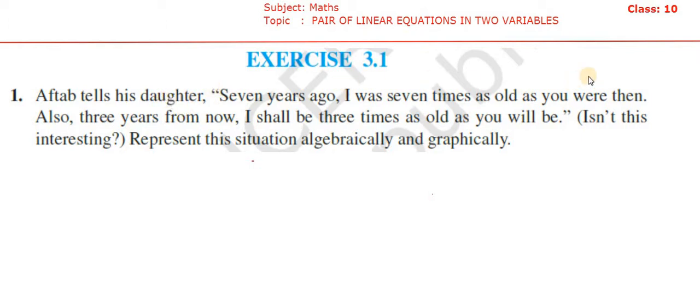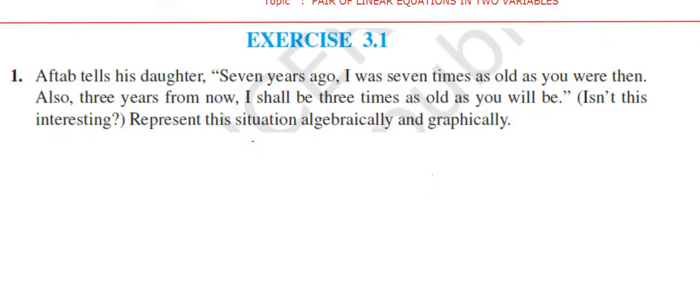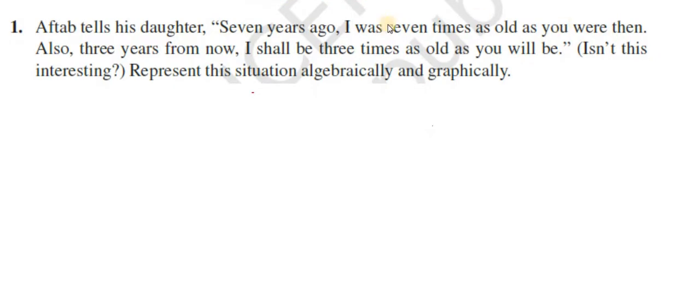This is a word problem. Now see here, Aftab tells his daughter, 7 years ago, not now, 7 years ago, I, in the sense Aftab, was 7 times as old as you were then.